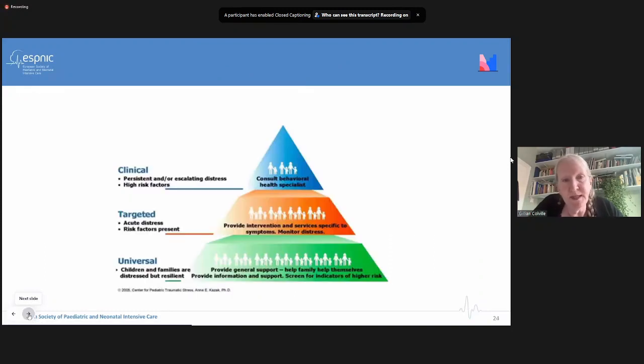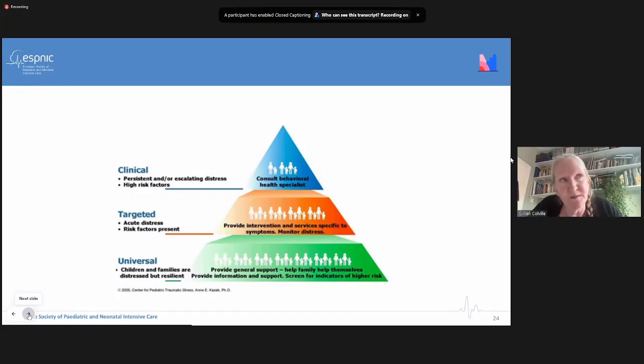The other point to make, and I like this diagram, it's actually from a psychologist, Anne Kazak, who's based in Children's Hospital Philadelphia, and she put together this model to illustrate the breakdown of the extent of distress in the population of parents she was seeing, and they were from families of children who'd had a new cancer diagnosis.